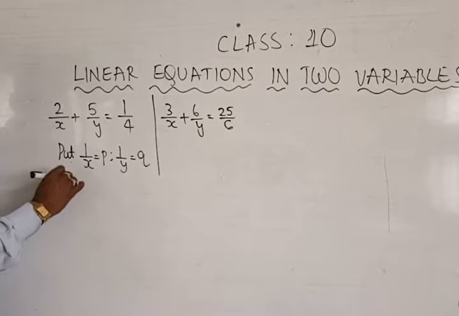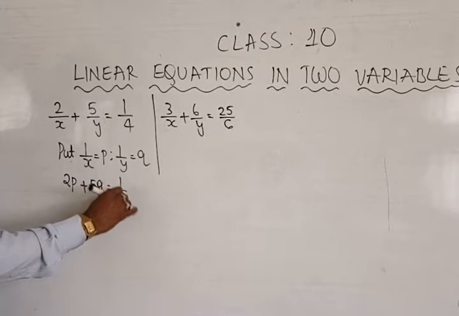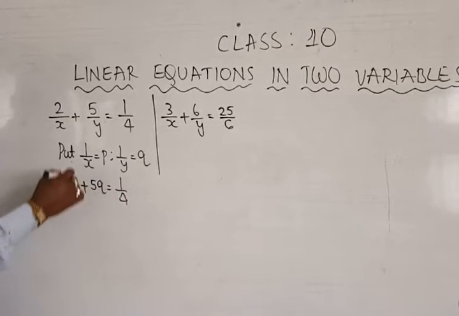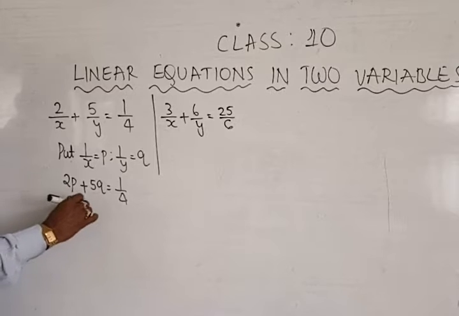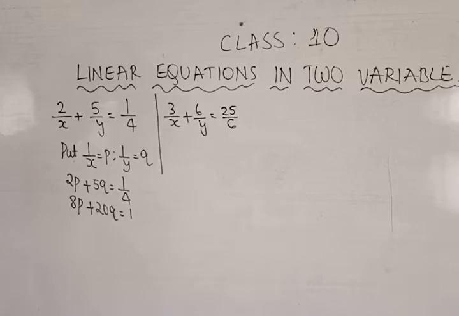Then it will become 2p plus 5q equal to 1 by 4, or multiply with 4, 8p plus 20q equals 1.